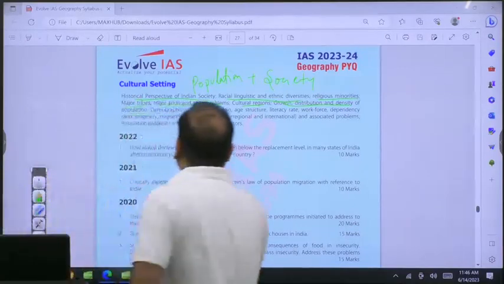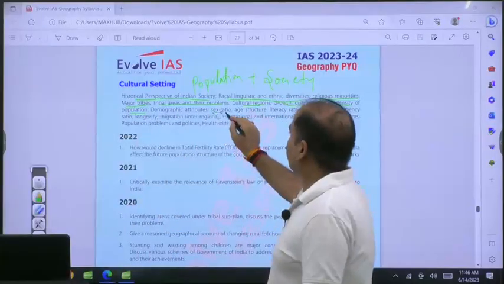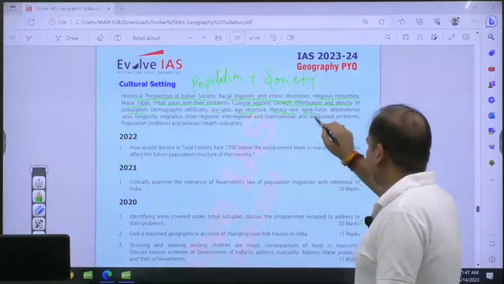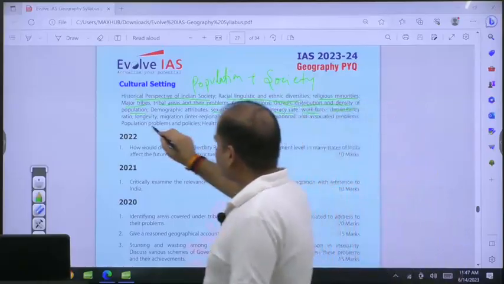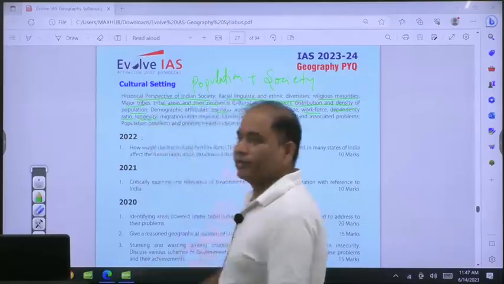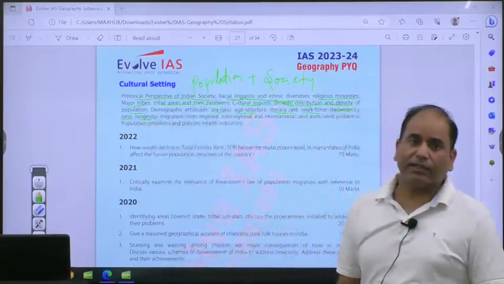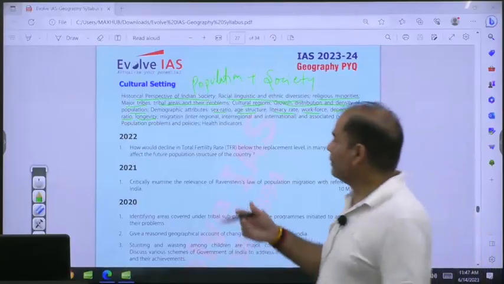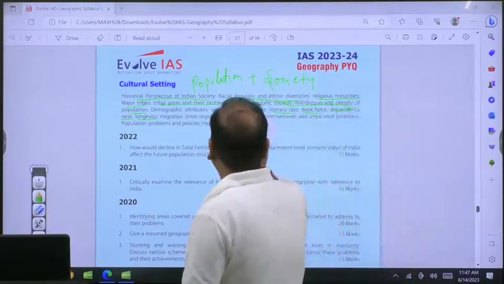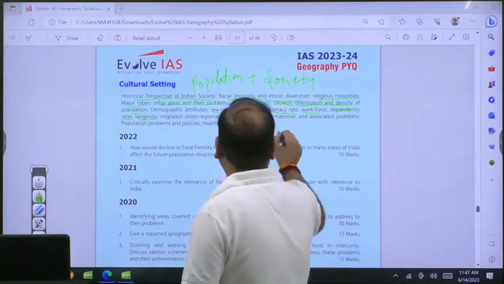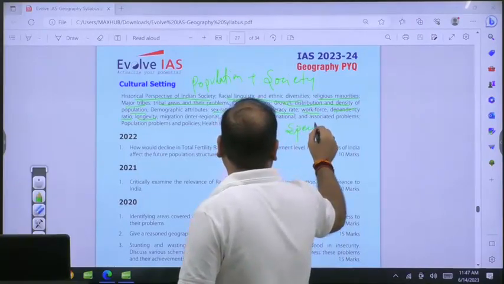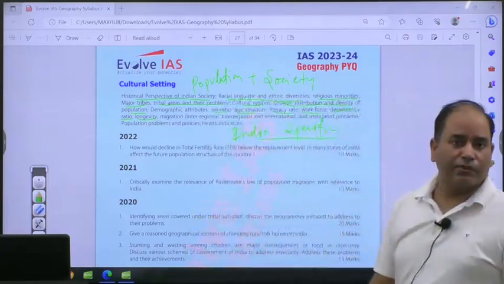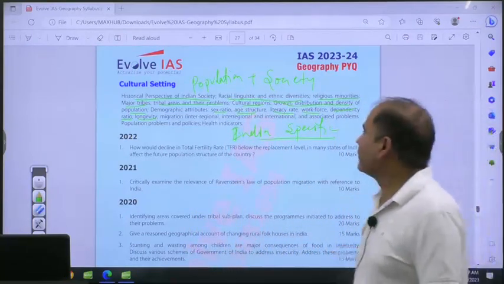So when it comes to the demographic attributes, we have sex ratio, age structure, literacy rate, workforce, dependency ratio, longevity. So these are the topics that are part of the demographic attributes, but more importantly you are supposed to mainly look at the India specific. So you mainly need to study India specific.